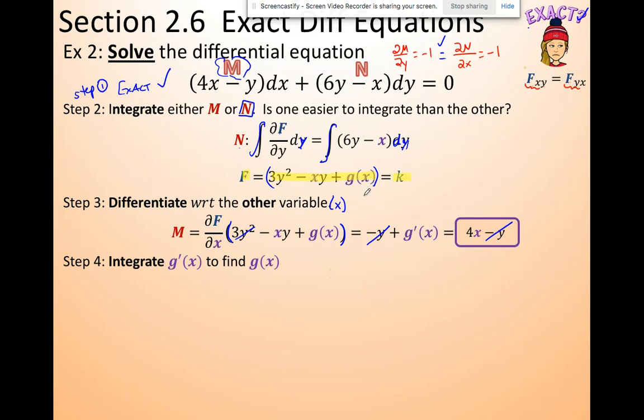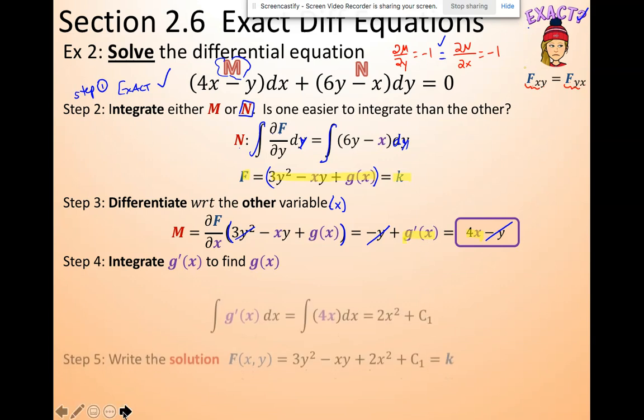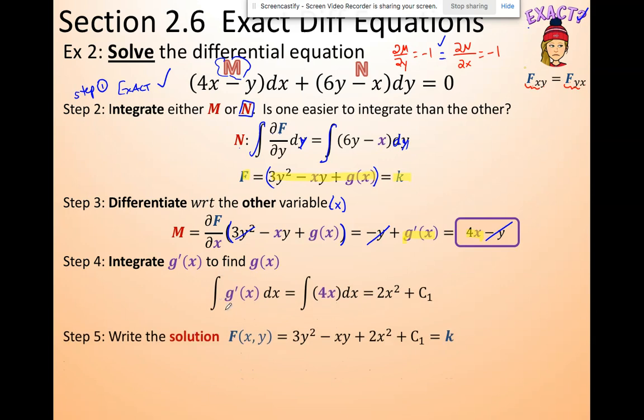I just need to solve for g. So I have g prime of x is equal to 4x. If I have g prime, how do I get g? Integrate. When I integrated g prime, I was integrating 4x with respect to x, which is 2x squared plus a constant. And if you want to just forget this constant here and just know what you're doing, I'm fine if you skip that step.